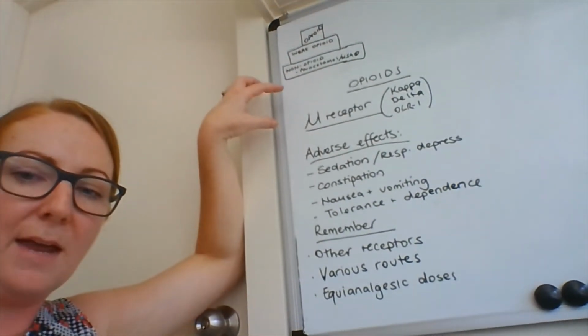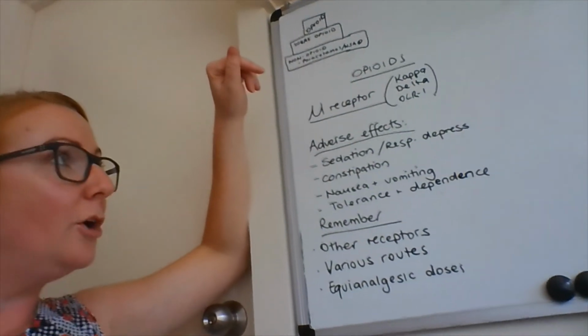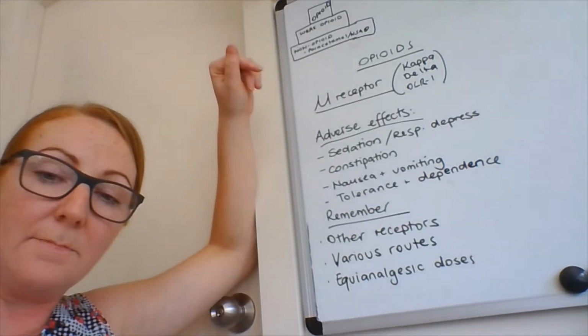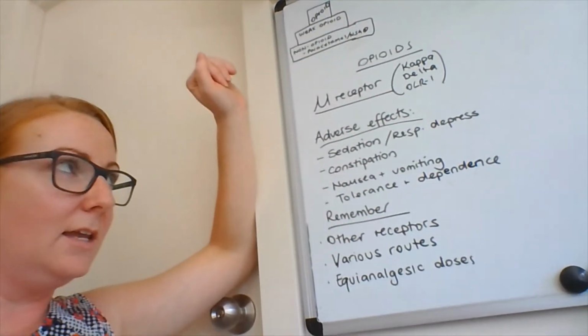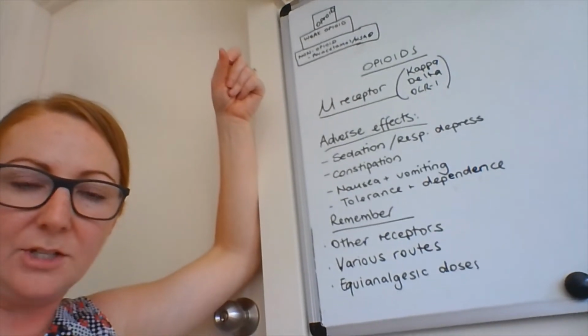There are others, though. All of the opioid receptors are G-protein coupled receptors. They reduce neuronal excitation, essentially.